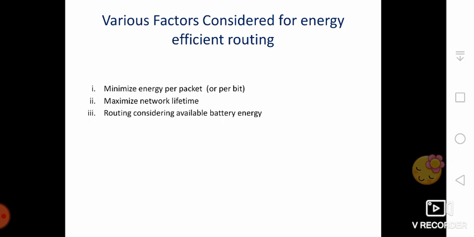First one is minimize energy per packet or per bit. So it is required to look at the total energy required to transport a packet over a multi-hop path from the source to destination. The goal is then to minimize for each packet this total amount of energy by selecting a good route.